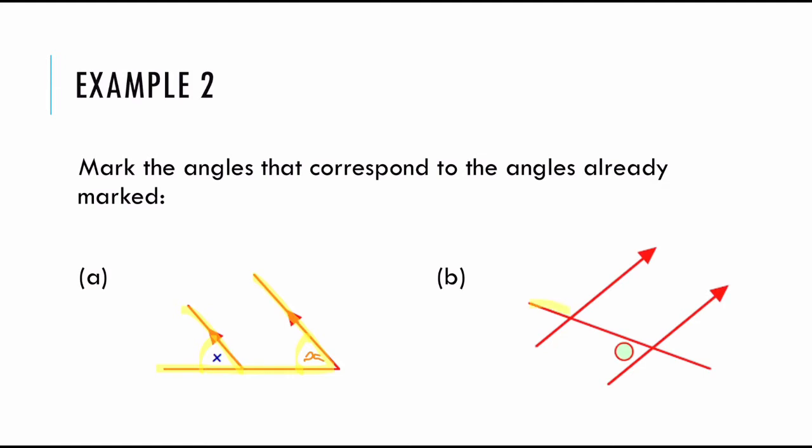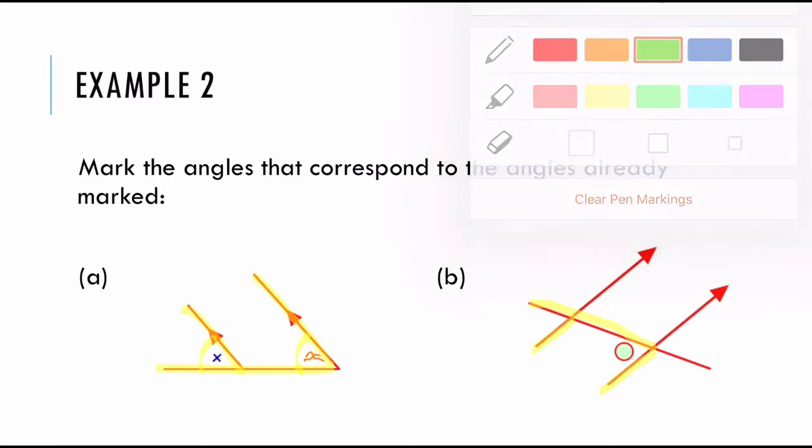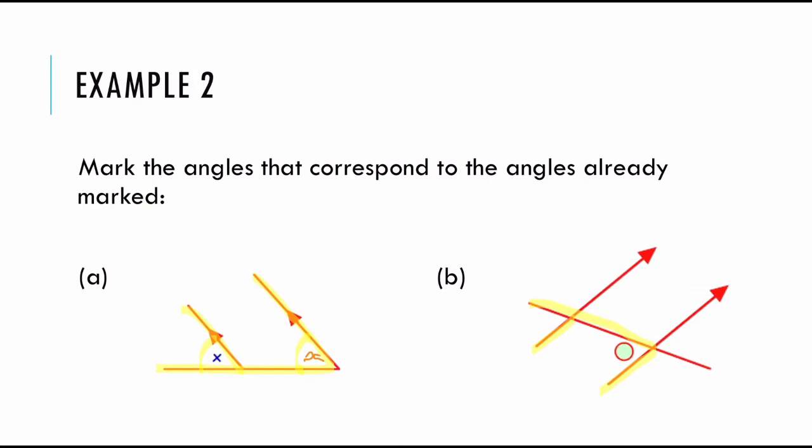So I can see the F shape forming here, which means that the green circle corresponds down here.